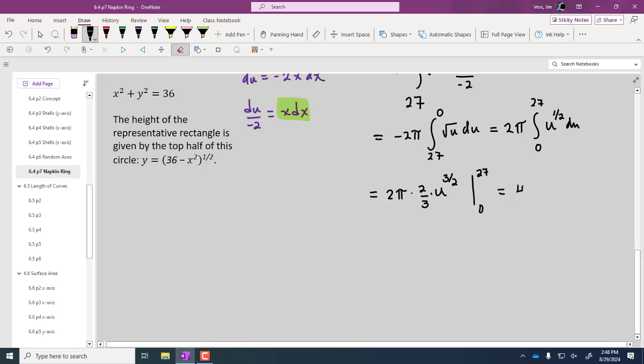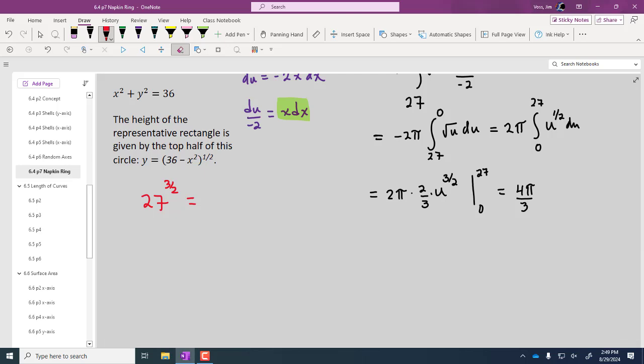So we're going to have 4 pi divided by 3. 0 gives nothing. So now we have to fiddle around with this 27 to the 3/2. Let's just come over to the side for a minute. So 27 to the 3/2. Again, it's easiest usually if you implement the denominator in that exponent because the denominator is a root, which will make the base smaller.